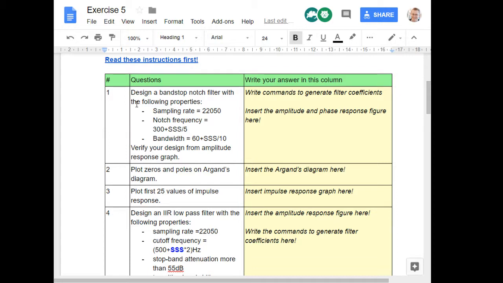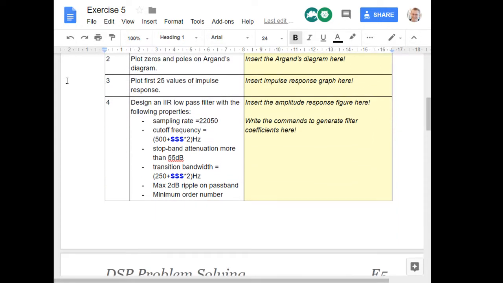Plot the first 25 values of the impulse response again. And then it's about designing these IIR low pass filters. Okay, sampling rate given, cutoff frequency given, stop band attenuation given, transition bandwidth again given. So basically this is almost the same as the FIR system, but there's also a maximum 2 decibel ripple on the passband, meaning that now you should be able to figure out which filter type you would use for that one.